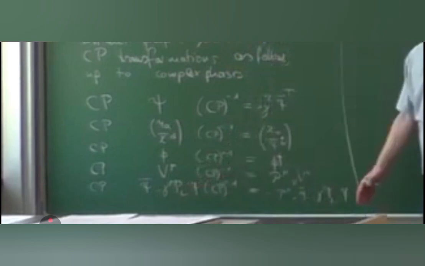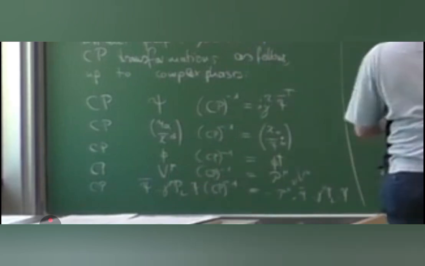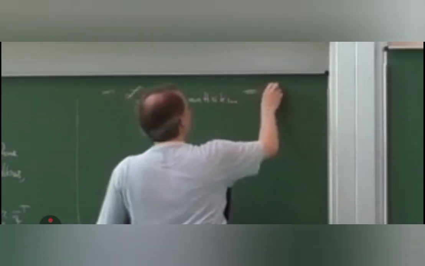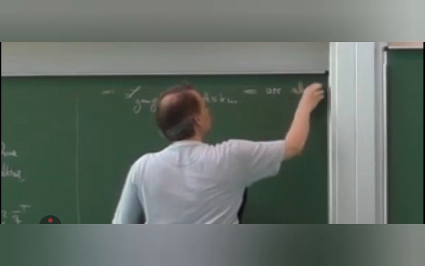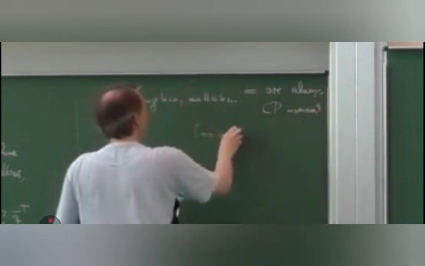And then automatically they are always invariant under CP. So there is no way that those Lagrangians violate CP, so they are always CP invariant, no matter how the phases are chosen.